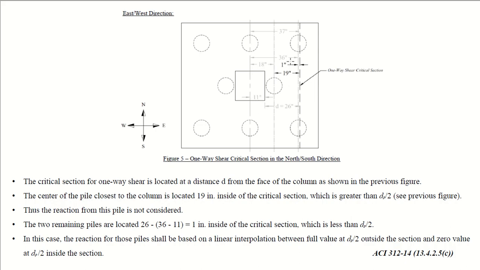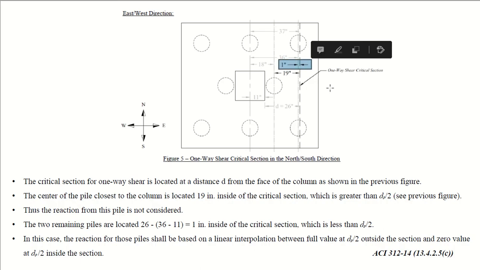So if you deduct 11 from 36, you get the distance from the face of the column to the center of the piles. So this comes out to be 1 inch. See here, you got the value, this 1 inch.